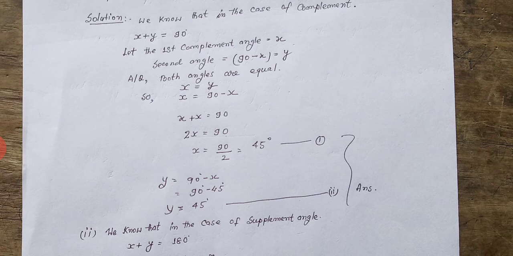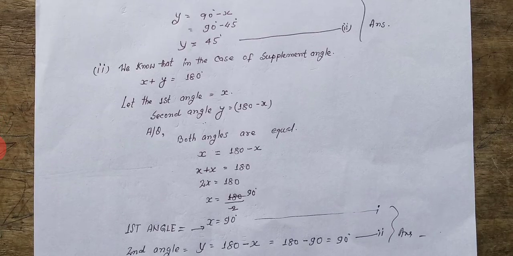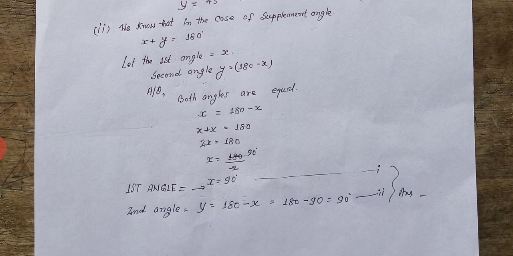Now second, we know that in the case of supplement angle, x plus y is equal to 180 degree. Let the first angle be x, then the second angle y is equal to 180 degree minus x. Both angles are equal according to the question. That's why we can write x is equal to 180 degree minus x.